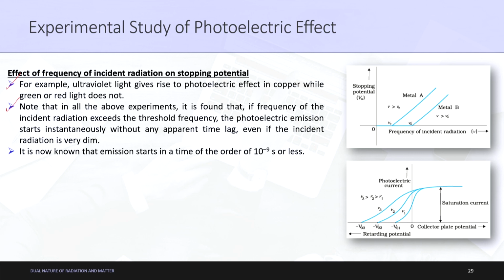It is now known that emission starts in a time of the order of 10 to the power minus 9 seconds or less, that is, 1 nanosecond. So 1 upon 10 to the power 9 of a second is 1 nanosecond, a very short time, and the time lag is very small.